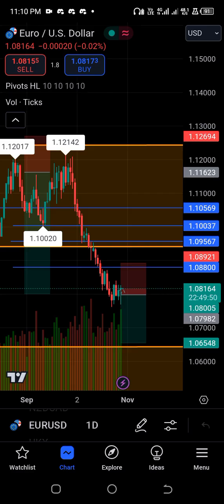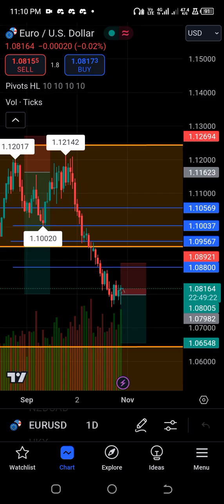So 1.10037 is a trailing stop here that was above a pullback to the upside before price continued the downward move. Then there's another pullback just before this other trailing stop I have here, 1.09567. It's above that pullback here, and price went down again a bit.